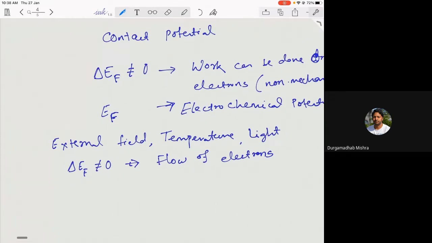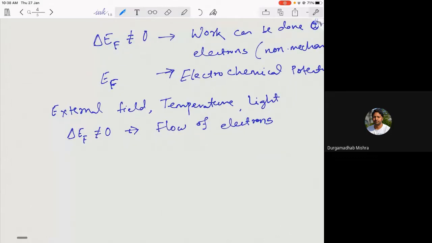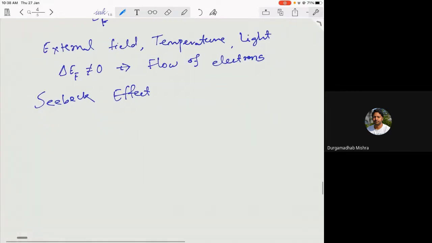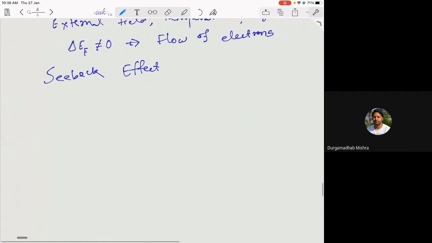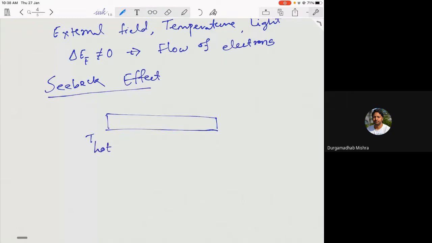Okay, so a very interesting thing happens when we talk about the phenomenon of the Seebeck effect. What happens in the Seebeck effect? You have a metal, let's say this is the hot end, and then the other end is the cold end.